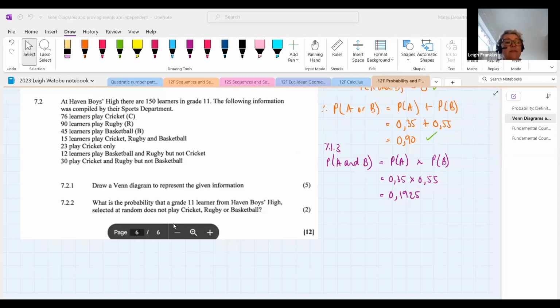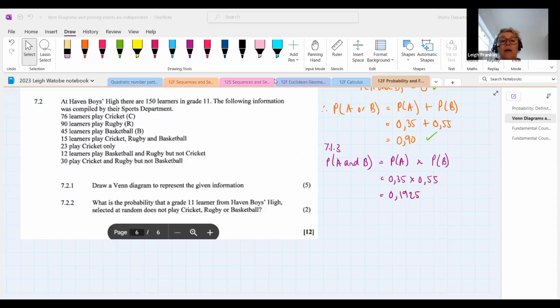So they tell us 76 learners play cricket, 90 play rugby, 45 play basketball, 15 play cricket and rugby and basketball, 23 play cricket only, 12 learners play basketball and rugby but not cricket, and 30 play cricket, rugby but not basketball. The first thing that they want us to do is sketch a Venn diagram.